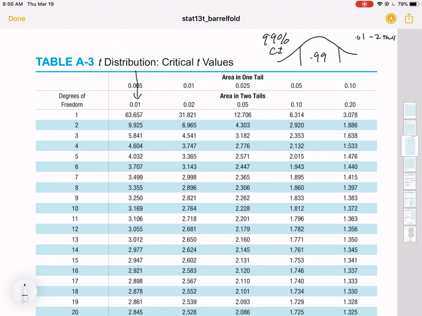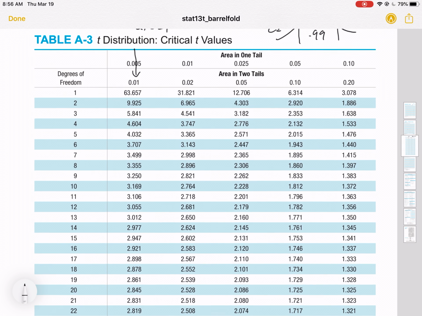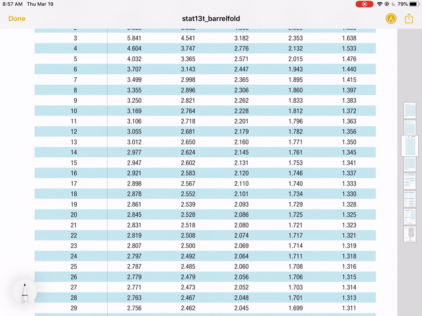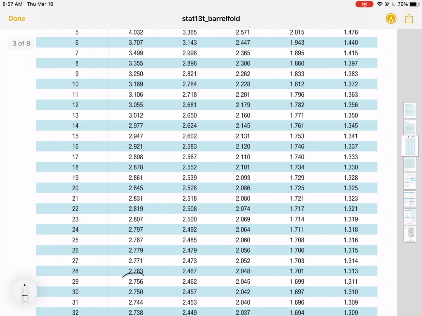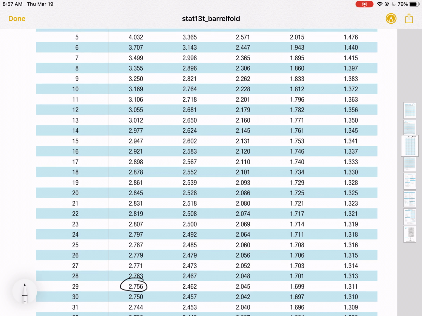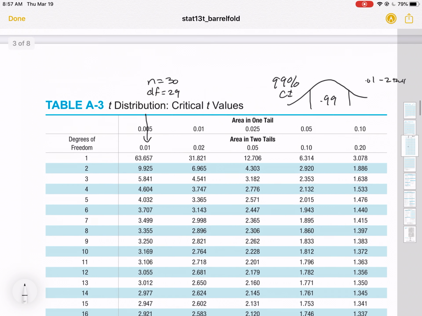I think I made up the fact that our n was 30, and so our degree of freedom then would be 29. So if your n's 30, your degree of freedom would be 29, and we'd simply go down here to the 29th row and grab the 2.756. 2.756 would be the t alpha over 2 value.